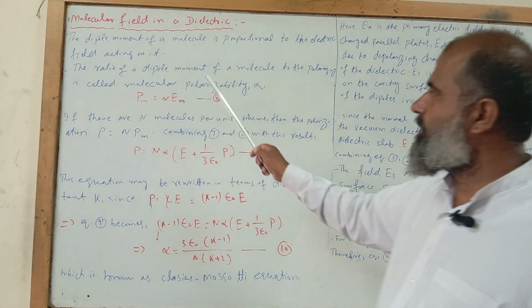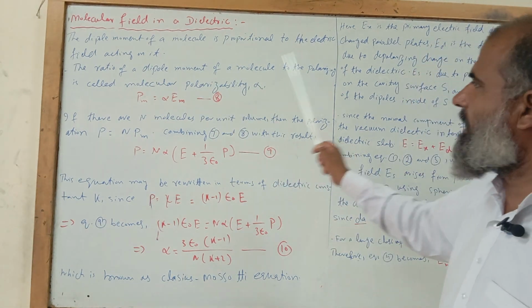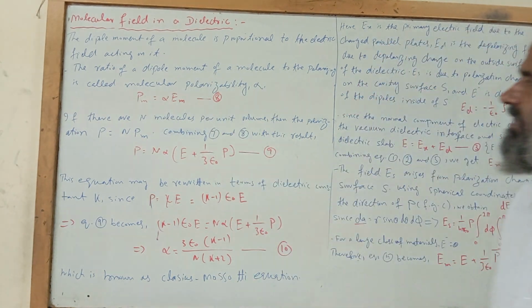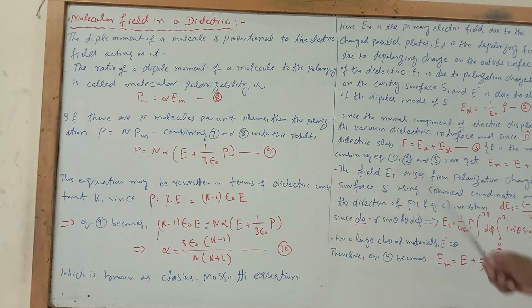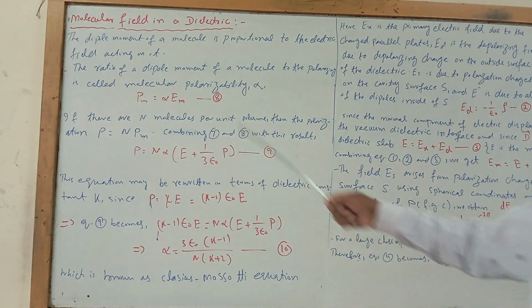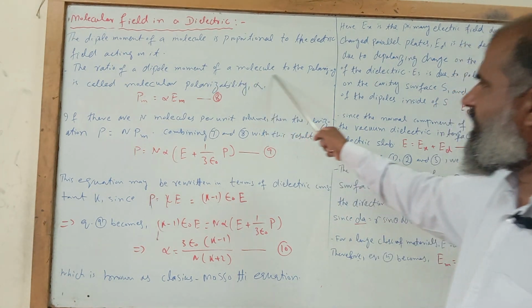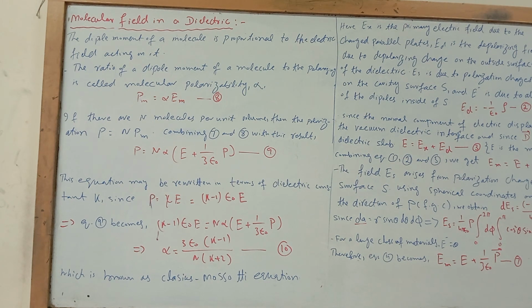And the ratio of the dipole moment of a molecule to the polarizing field is called the molecular polarizability. This is another definition that we have over here, molecular polarizability alpha.